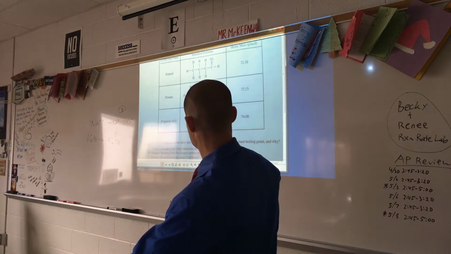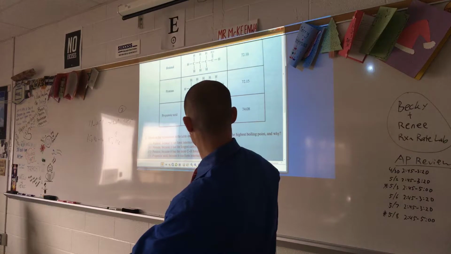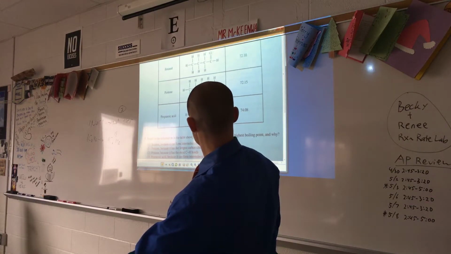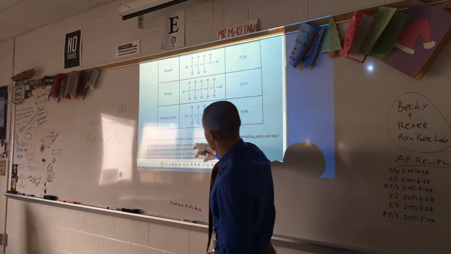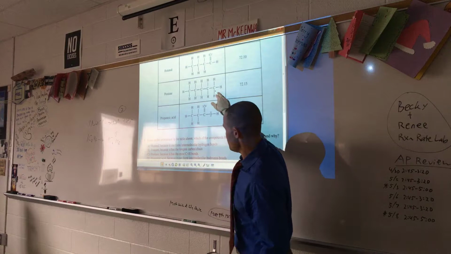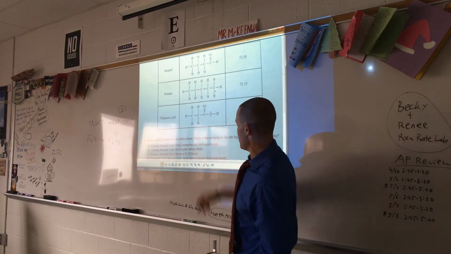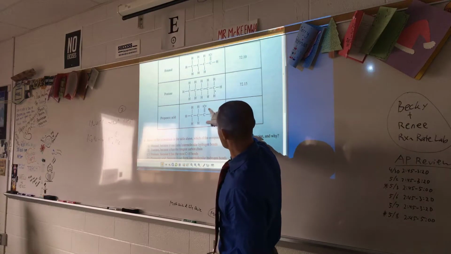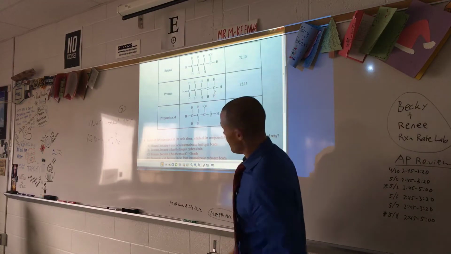It's hard to get all this up here at the same time for you. A says butanol, because it can form intermolecular hydrogen bonds. B says pentane because it has the longest carbon chain. C says pentane because it has the most CH bonds.